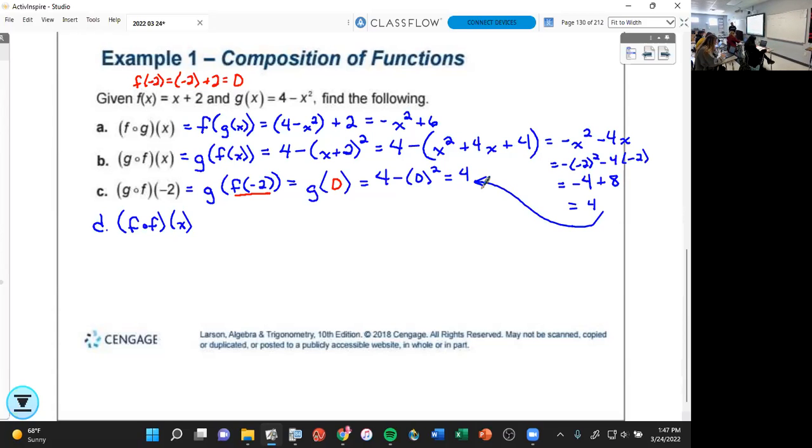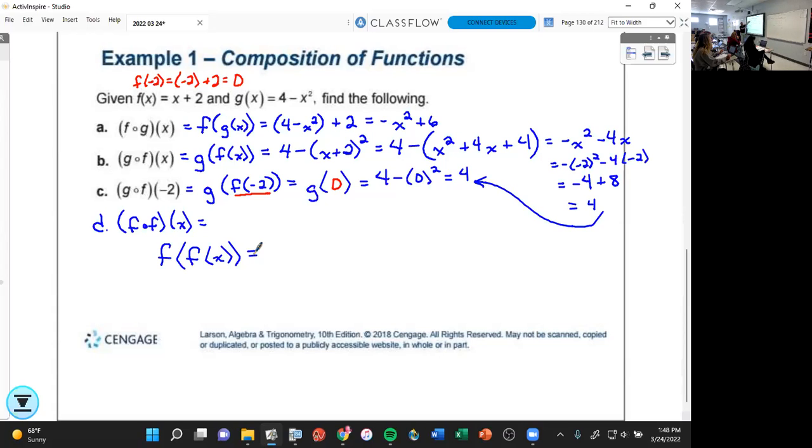How about part D? This means f of f of x. That's all it means, right? Which means I'm going to take the f function, and every time I see an x, I'm going to replace it with the f function.